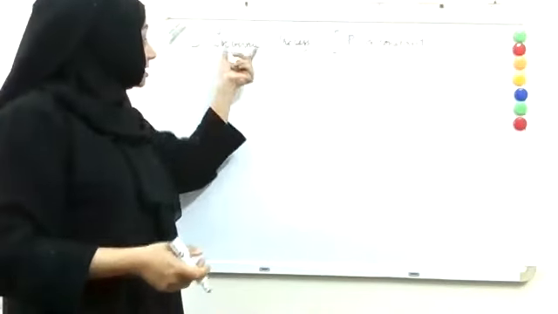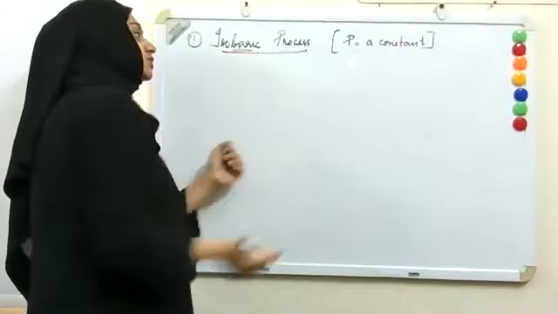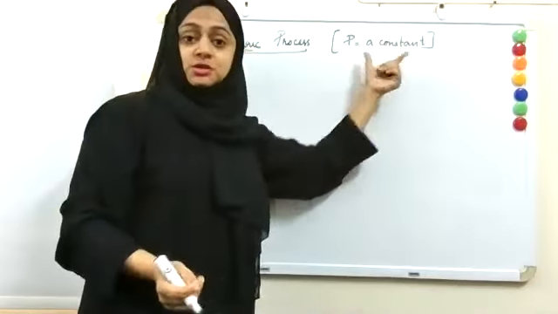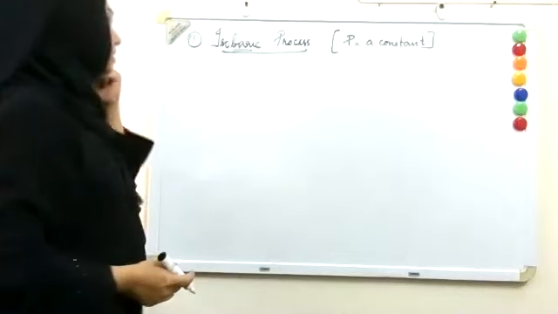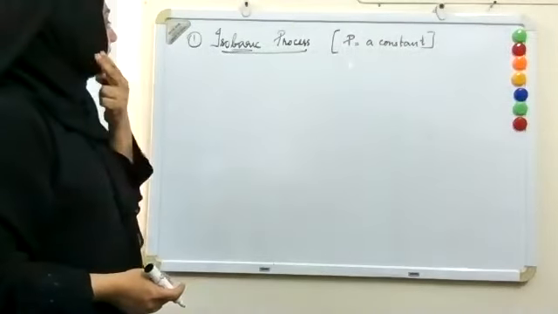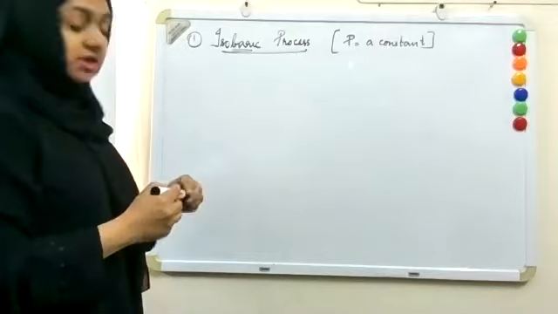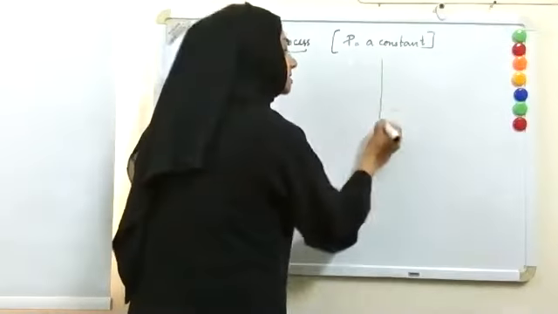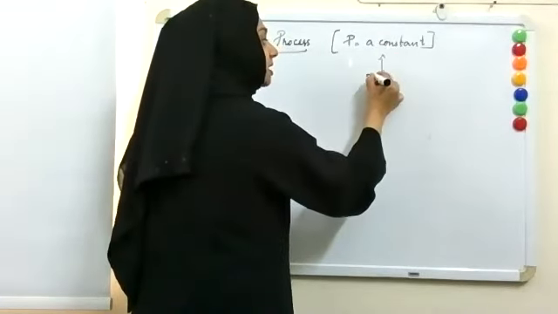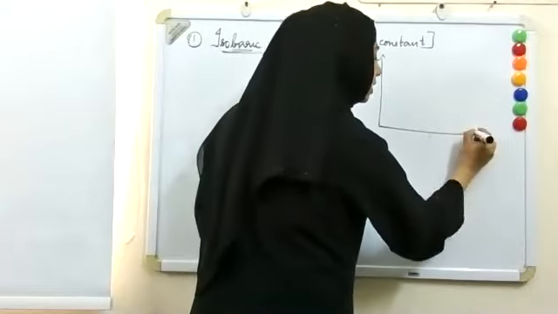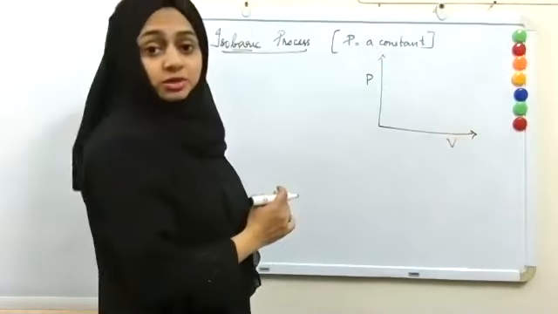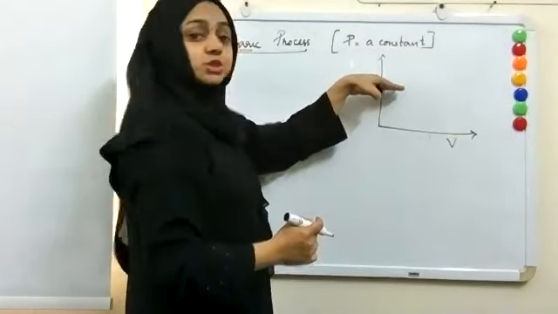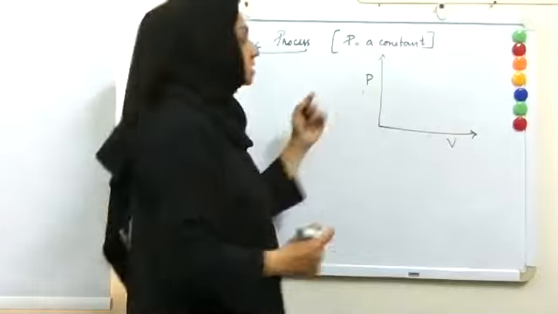So bar is a word usually used for pressure. So isobaric means pressure is a constant. So in an isobaric process, the pressure remains constant, and in such processes, let us see how the indicator diagram will look. Indicator diagram means a diagram drawn with pressure along the y-axis and volume along the x-axis.